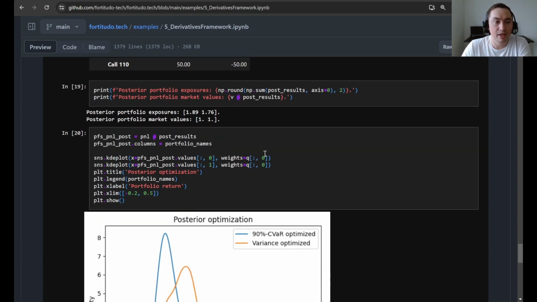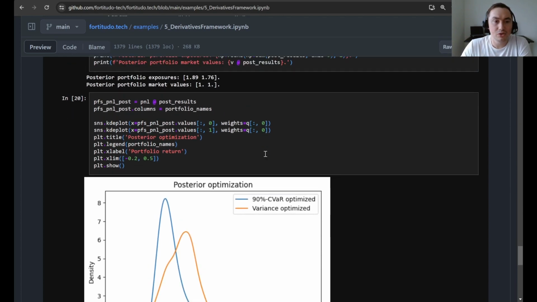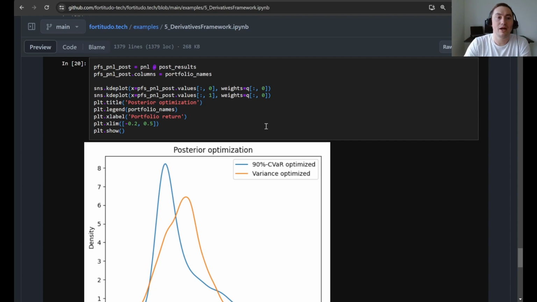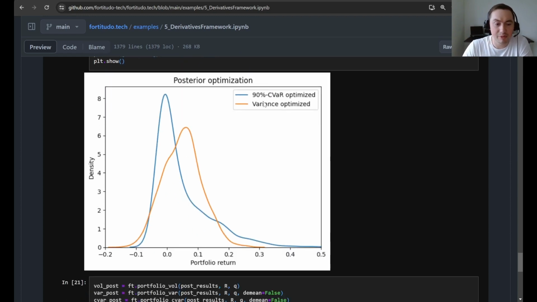So we then perform the same thing where we look at the portfolio P&Ls to compare how it looks. And basically we get the same results as before, that scenarios where you lose a lot are significantly less likely with CVAR optimized portfolios, while you have a lot more upside. And then remember that the expected return is 5%, even though the shape of the distribution is quite different.